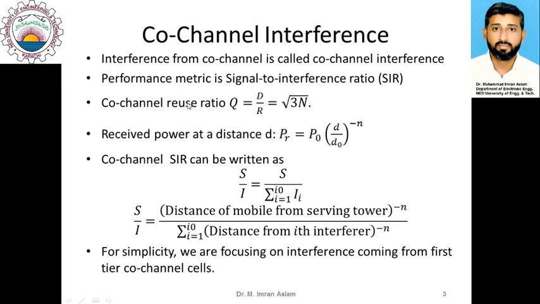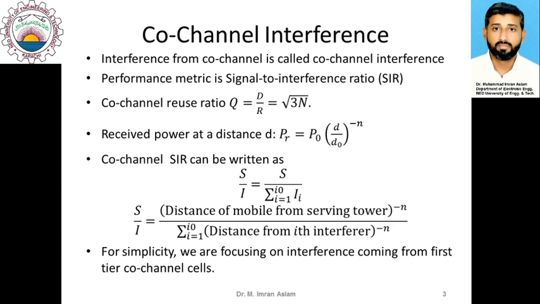This co-channel reuse ratio is related to the cluster size by this relationship, that is square root of 3N. So if we know the cluster size, we can use that cluster size to calculate the co-channel reuse ratio.